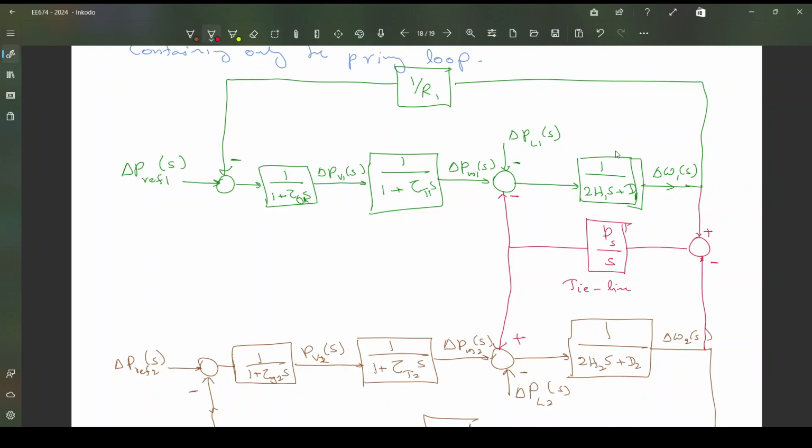You can do a load change, maybe a sudden load change or a slow load change, and see how the tie line power flow will happen.